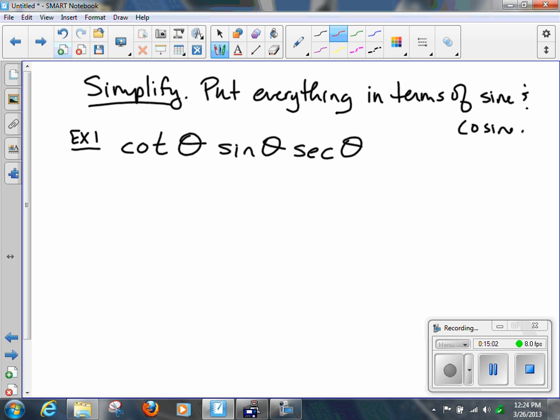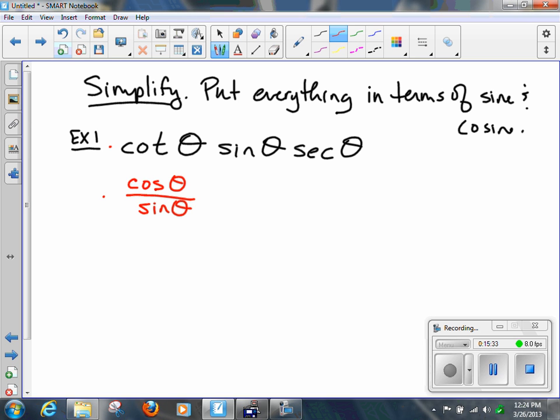Now, cotangent is not in terms of sine and cosine, is it? How can I rewrite cotangent in terms of sine and cosine? Cosine over sine. All I'm doing is substituting. It's the same thing, different name.